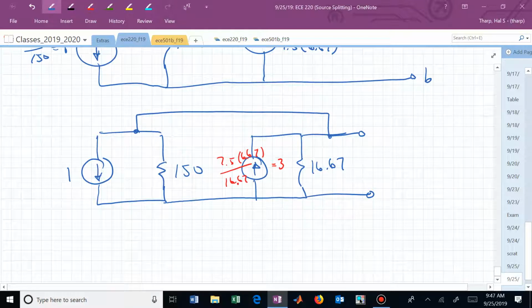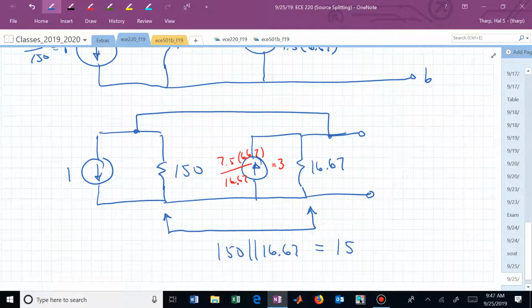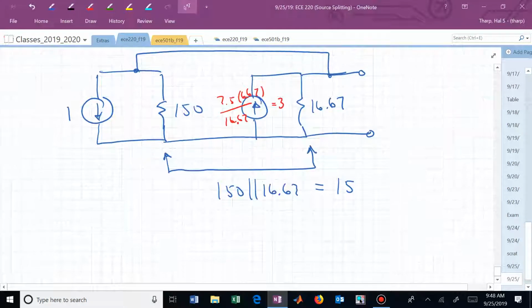If I combine these resistors, their effective parallel combination becomes 15. If I now combine those current sources, I have 1 down and 3 up. What does that give me?